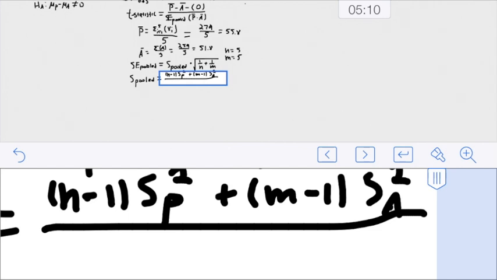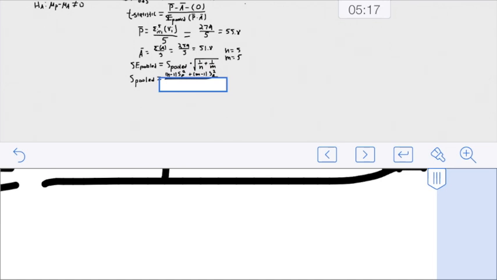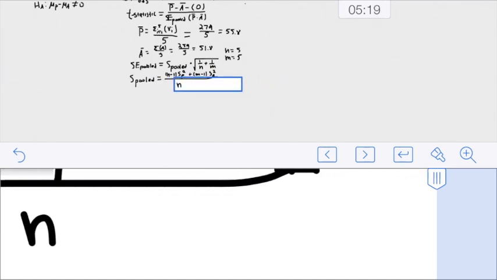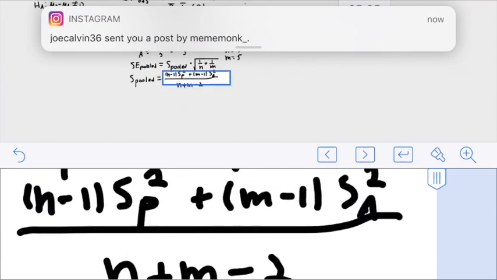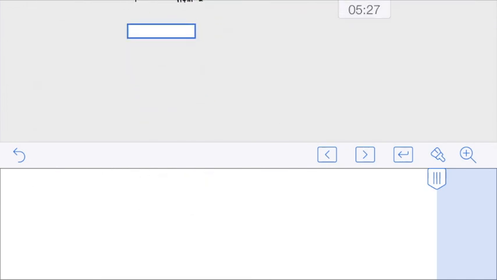And that's going to be divided by our number of trials for the Persian plus our number of trials for the African minus 2. So we have two unknowns in this. We need to find our standard deviation for our Persian cheetah and our standard deviation for our African cheetah.